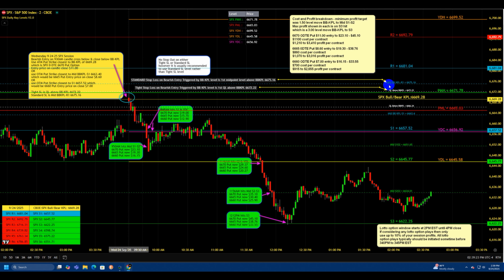What those are used for are stop losses on bullish and bearish entries triggered from an entry signal coming from the bull bear key price level, which often happens at the initial part of the session, as was the case today. So for example, on today's session, we have a bearish entry signal on the opening 9:30 a.m. candle, which is this candle here, which is marked off by this line here.